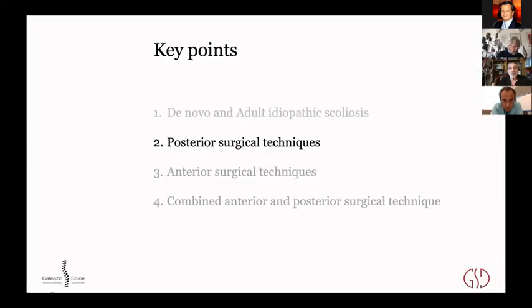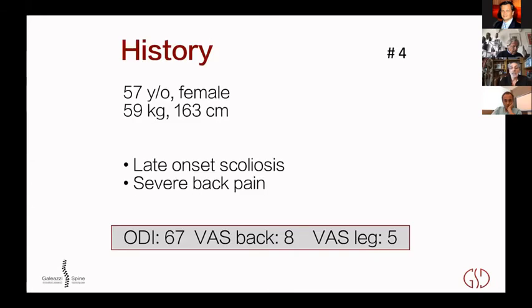The second key point is posterior surgical techniques. I will show you how it's possible to achieve a good sagittal and coronal alignment with posterior surgical technique in case of adult degenerative scoliosis. This is an example of de novo scoliosis.